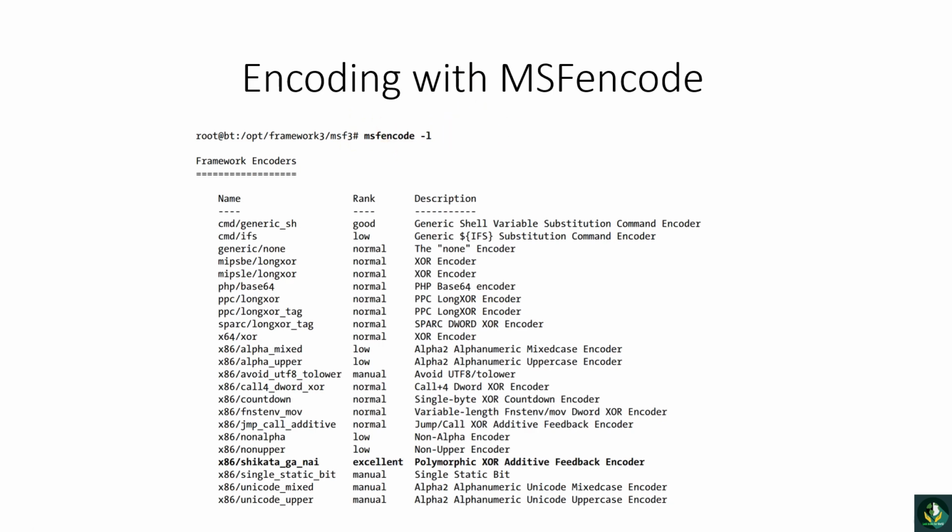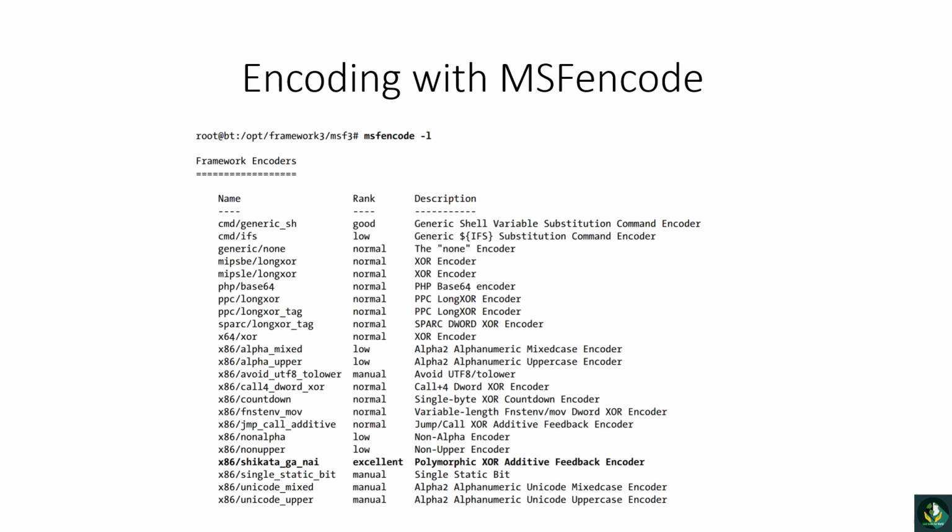Notice the difference in the list of encoder formats and the encoders that are used for different platforms. For example, a PowerPC encoder, which is PPC, will not operate correctly on an x86 platform because of the difference in the two architectures.